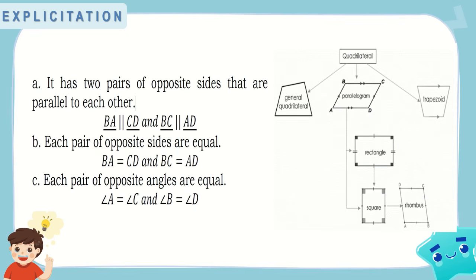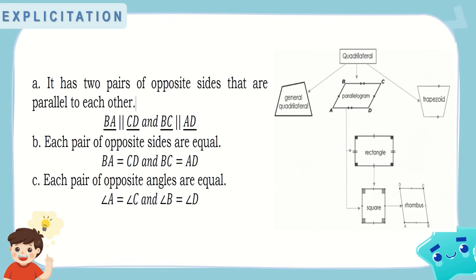It has 2 pairs of opposite sides that are parallel to each other. Segment BA is parallel to segment CD, and segment BC is parallel to segment AD. Also, each pair of opposite sides are equal. BA is equal to CD, and BC is equal to AD.